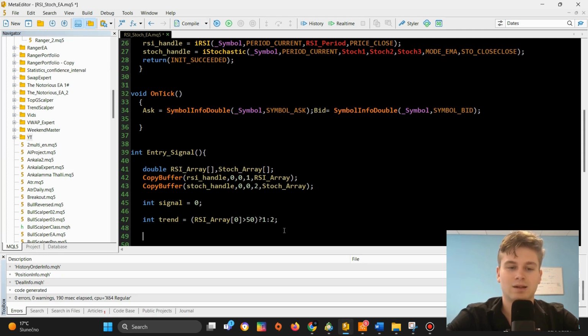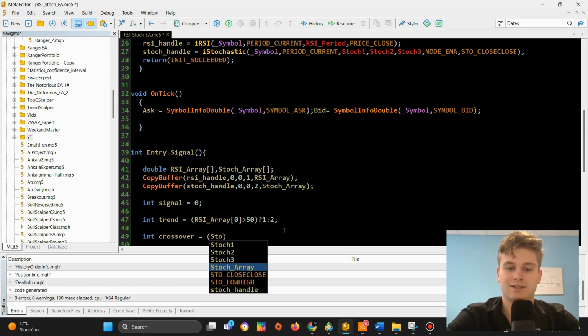And now we will use a similar process in order to catch the stochastic crossover. So let's create a crossover variable, and we will check.